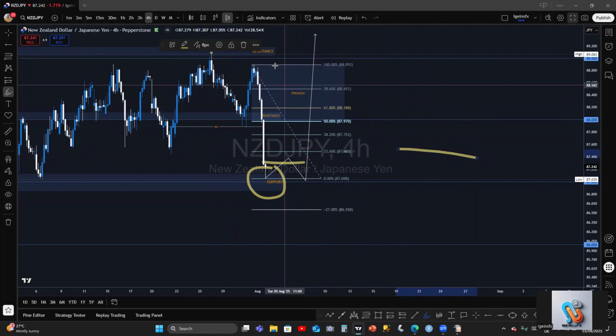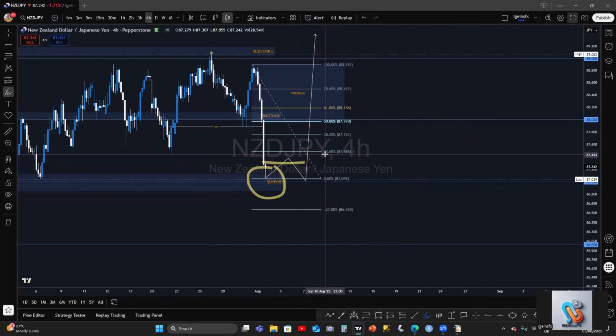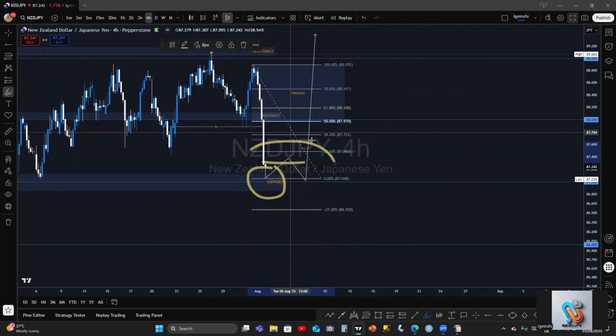I'll be looking to short because price has already given me a market shift here. But if it gives me another market shift at this point here, then I can say, okay, I'll be looking to go long.